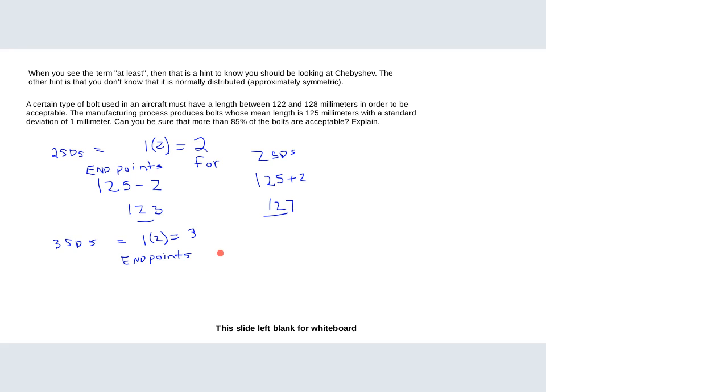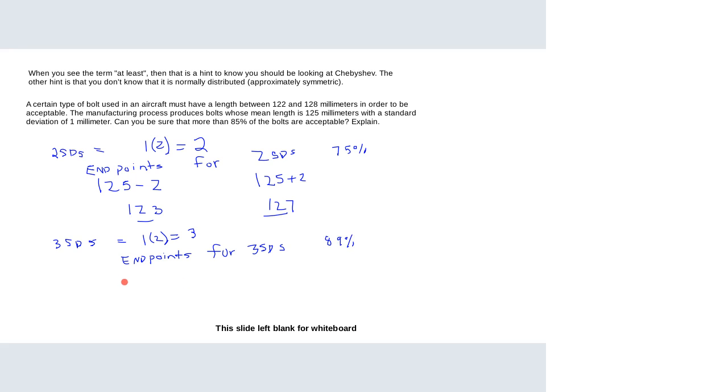And like I said, the empirical rule is for approximately symmetric data, and this mentions nothing about it being approximately symmetric, so then we have to revert to Chebyshev. So this one is the 75%, and then this one is the 89%.